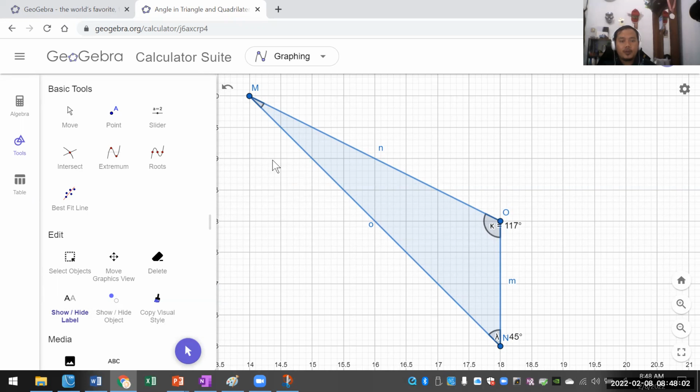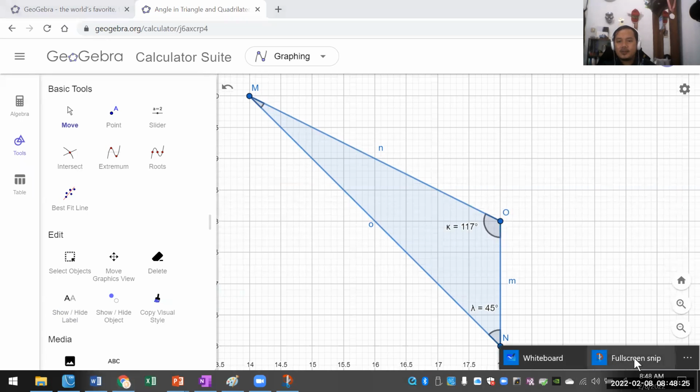I would like you to find the size of the angle M. I'm gonna move this a little bit so that you can see. This is 117 and this is 45 degree. I'm gonna give you 1 minute to solve this using algebra. Okay, I'm gonna screen up this one.